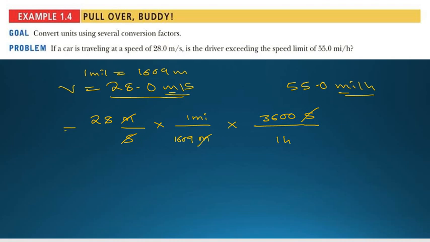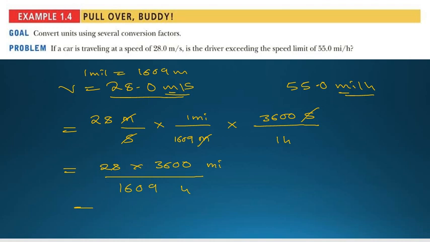What we remain with, guys, is 28 times 3600 on top, where we have miles, over down here 1609, hours.